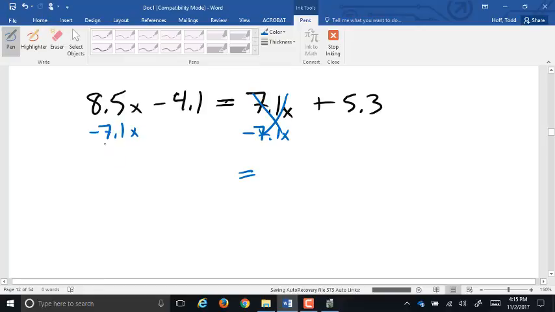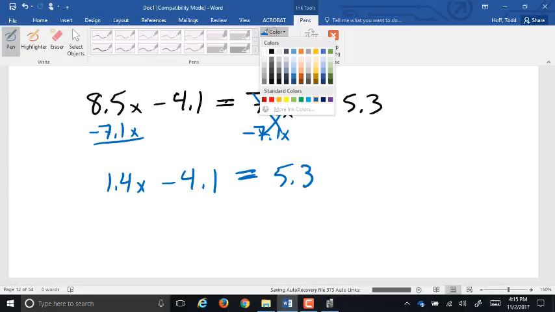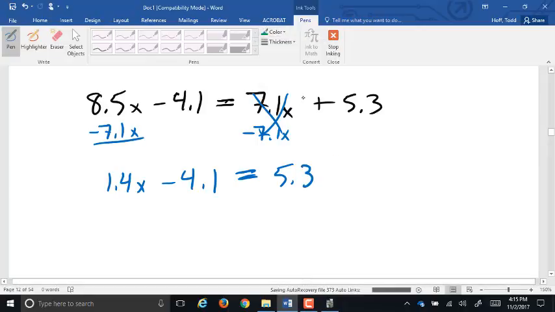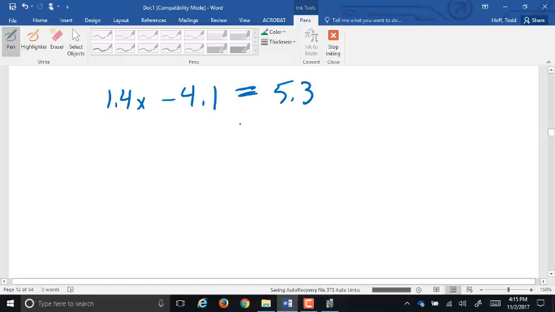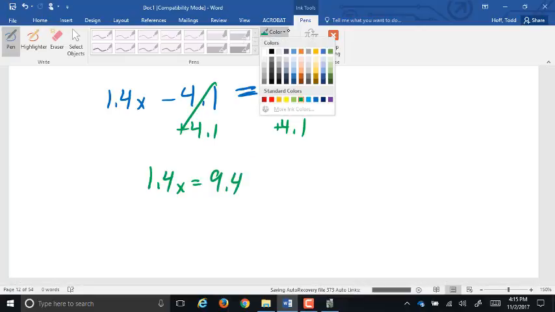So 8.5x minus 7.1x is 1.4x minus 4.1 equals 5.3. What's next? Add the 4.1. So 1.4x equals 9.4.